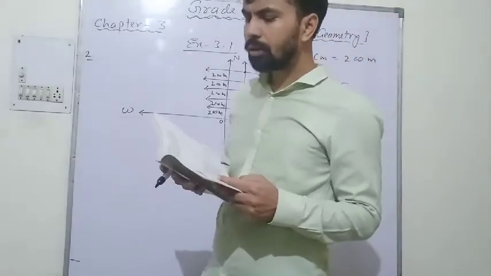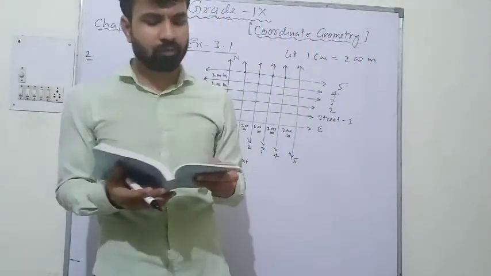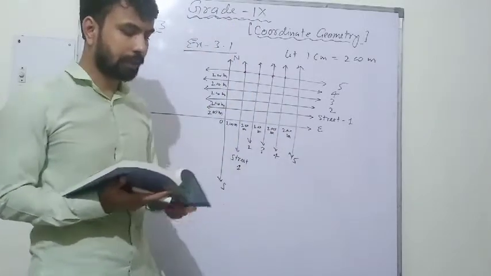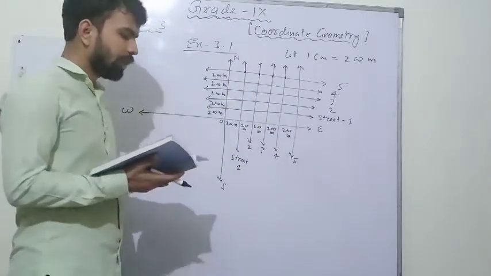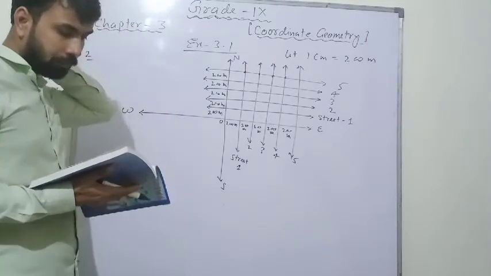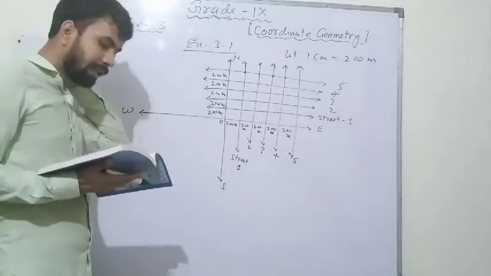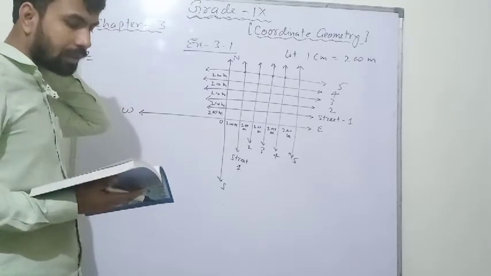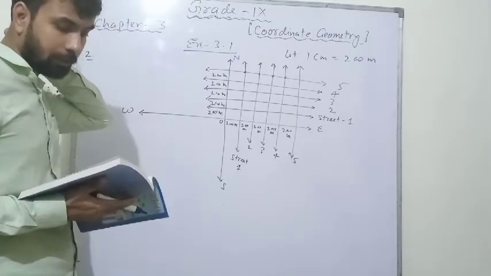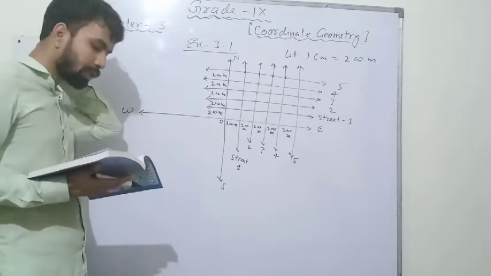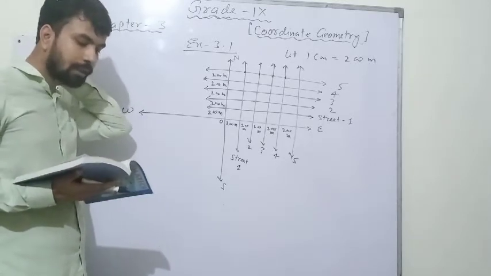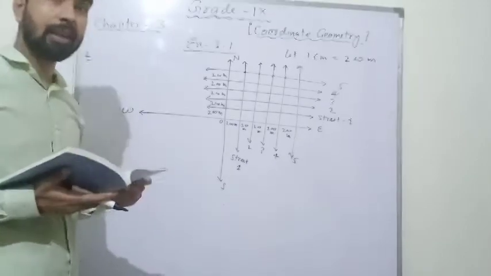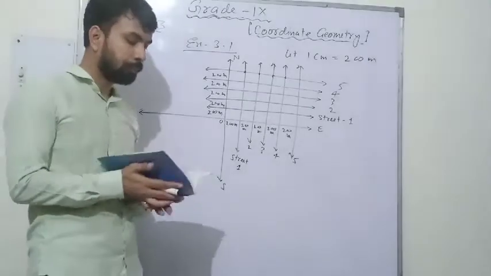Now a particular cross street is made by 2 streets, one running in the north-south direction and another in the east-west direction. Each cross street is referred to in the following manner. If the second street running in the north-south direction and the fifth in the east-west direction meet at some crossing, then we will call this cross street 2, 5. What is the meaning of this line?